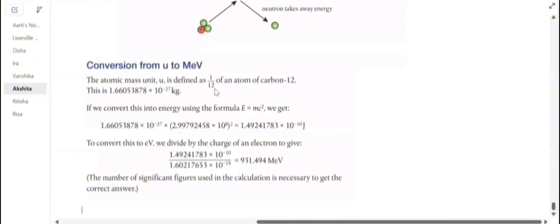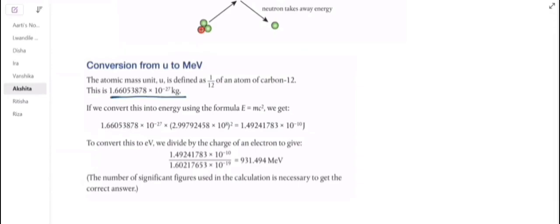An atomic mass unit is basically defined as 1/12 of the carbon-12 atom. You are aware, right? One atomic mass unit is defined as 1/12 of the carbon-12 atom, and that is 1.6 into 10 raised to minus 27 kg.